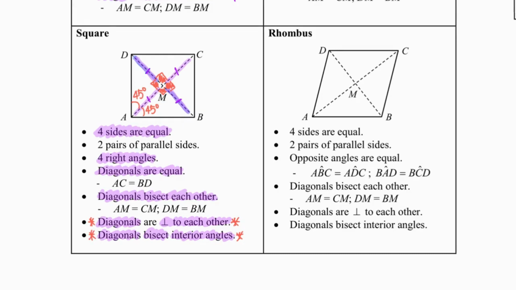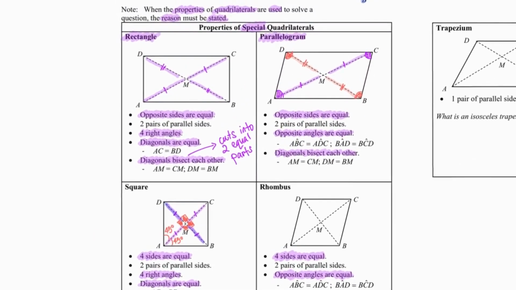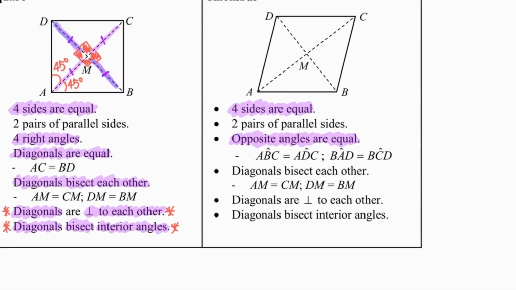Rhombus. Again, we like to use the equal sides. And because it is a special type of parallelogram, the opposite angles are the same. Just like in the parallelogram on top here, the opposite angles are the same.